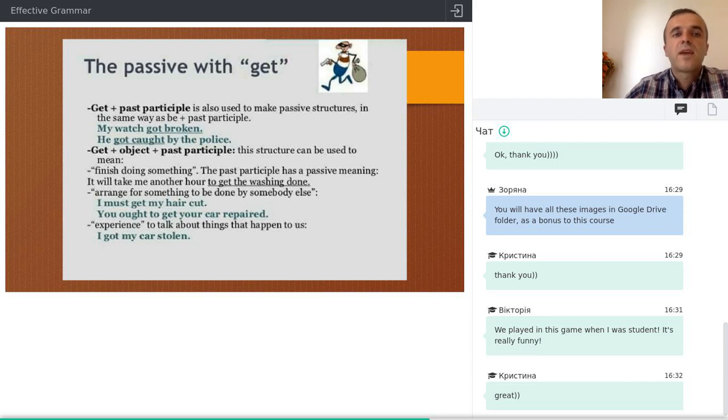The passive with get, there are a lot of questions. There can be a lot of questions with get, and you can have this template and you can explain to them all the functions and how you can form get plus participle, and how you can form get plus object plus participle, and different functions.